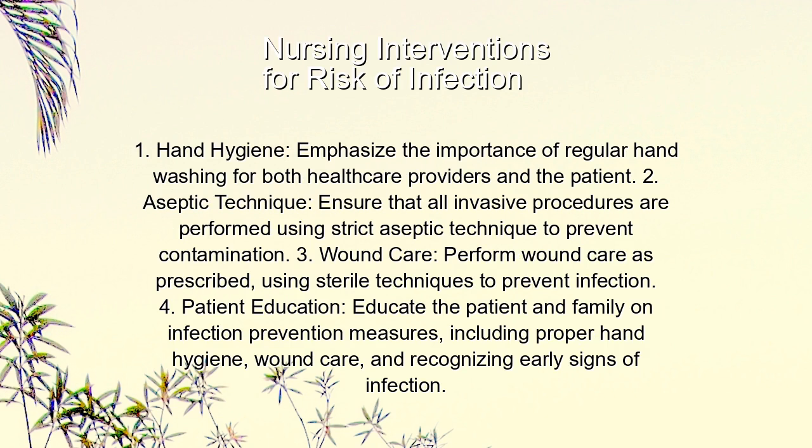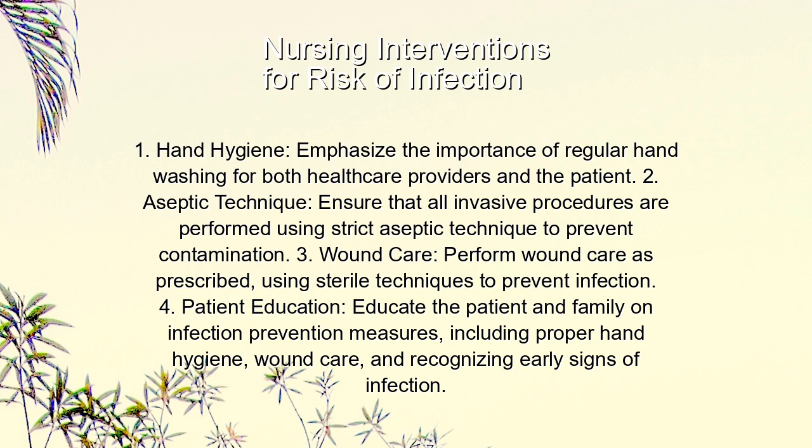Nursing interventions for risk of infection. One, hand hygiene: emphasize the importance of regular hand washing for both healthcare providers and the patient. Two, aseptic technique: ensure that all invasive procedures are performed using strict aseptic technique to prevent contamination.